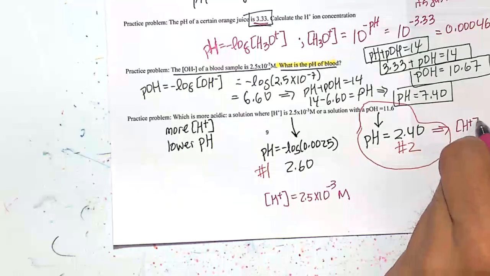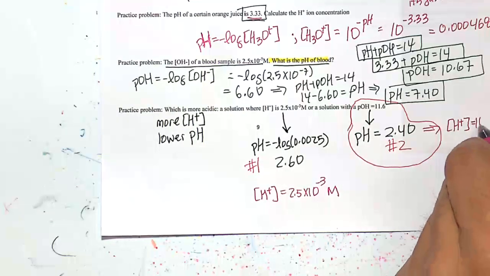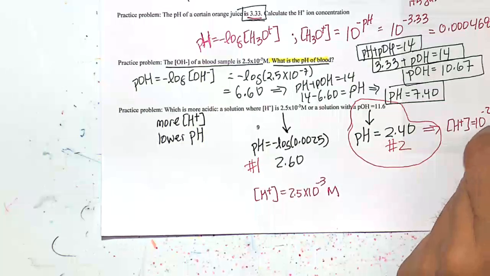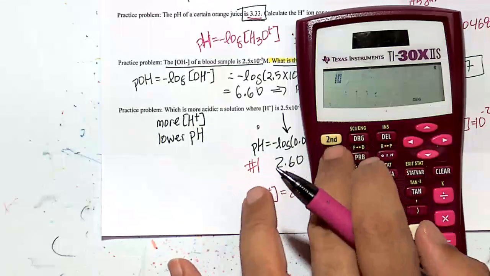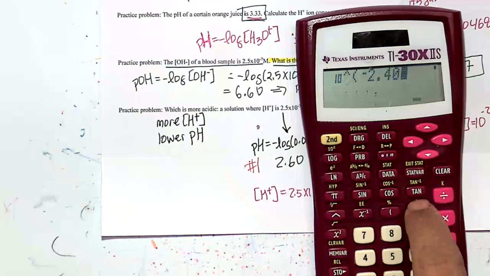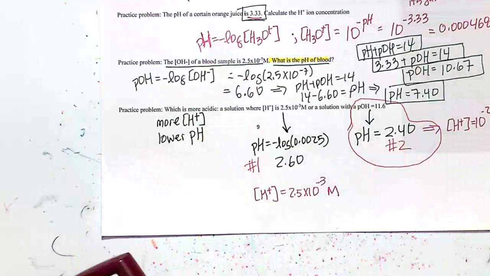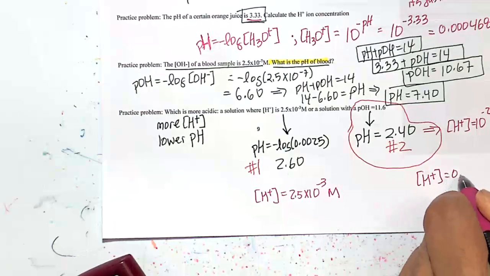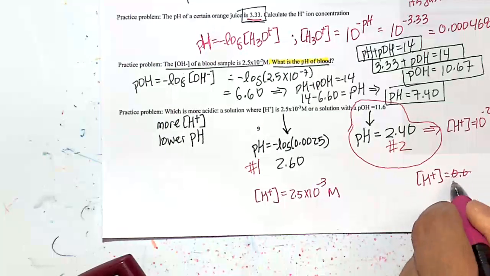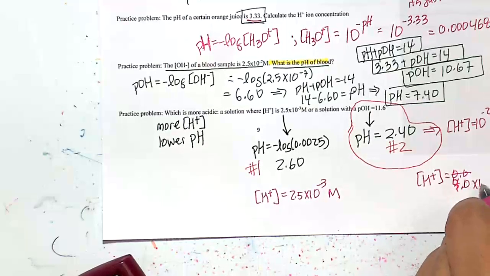How do we get the H plus concentration? 10 to the minus pH, very good, 10 to the minus 2.4. So what's 10 to the minus 2.4? 0.00398, or 4 times 10 to the minus 3.